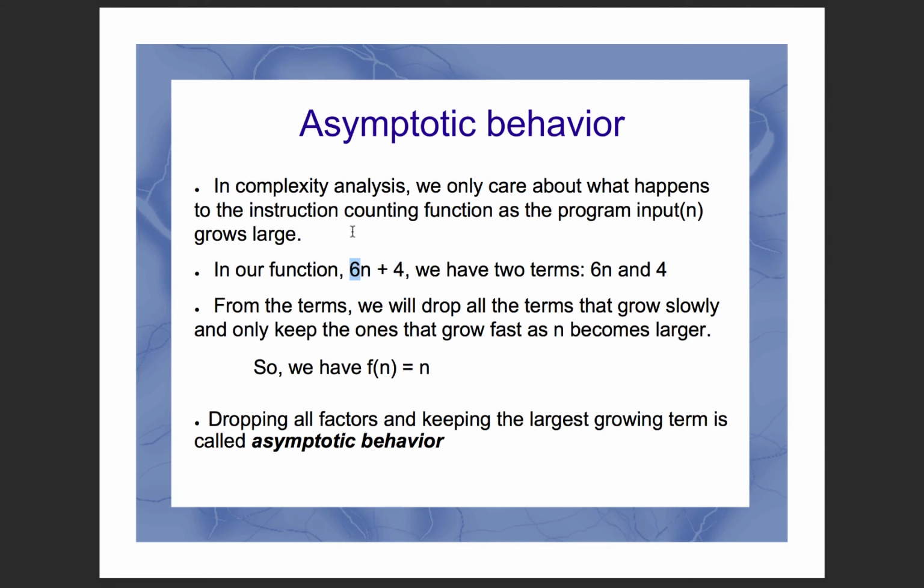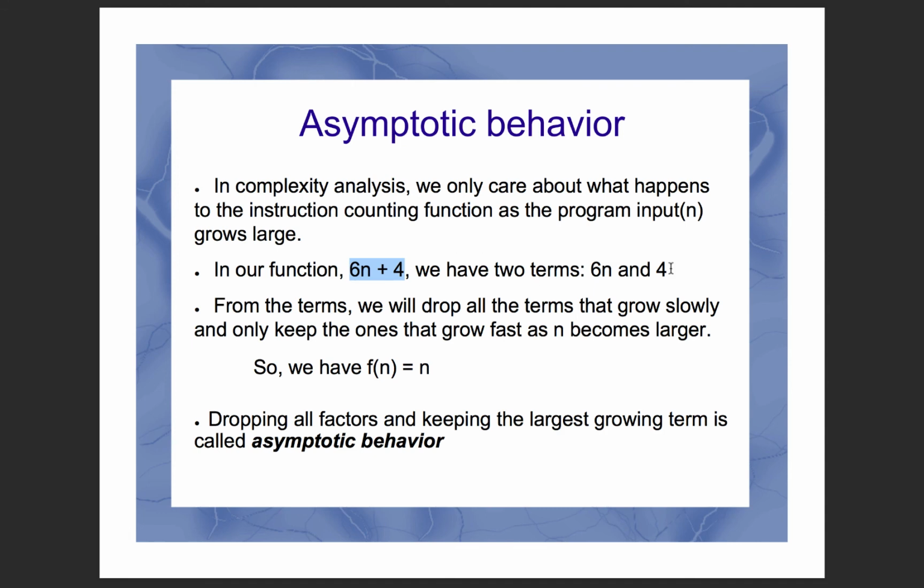Asymptotic behavior is where you remove all the lower components or constant components that don't affect your program. You only keep the largest value, the one that really drives your program. So we'll keep only n and remove 6 and 4.